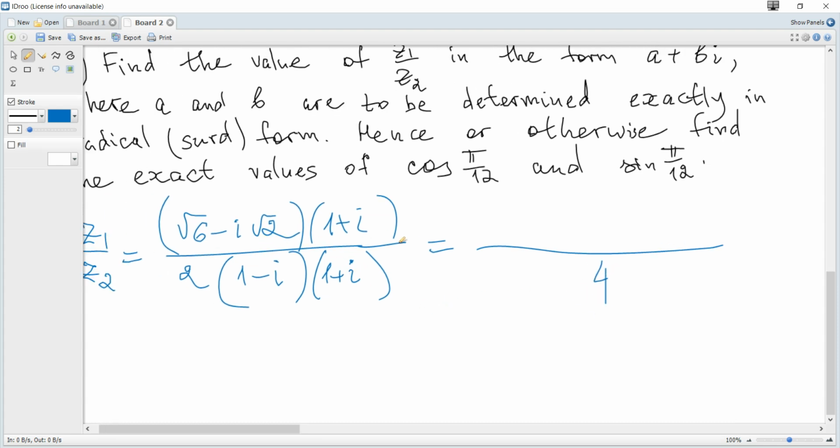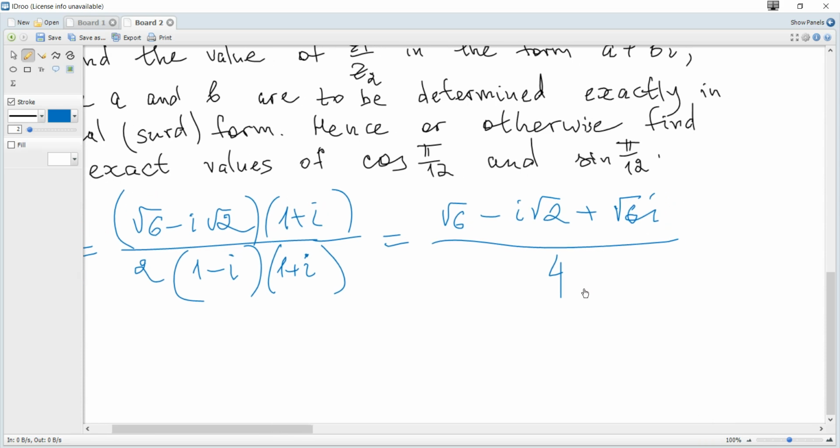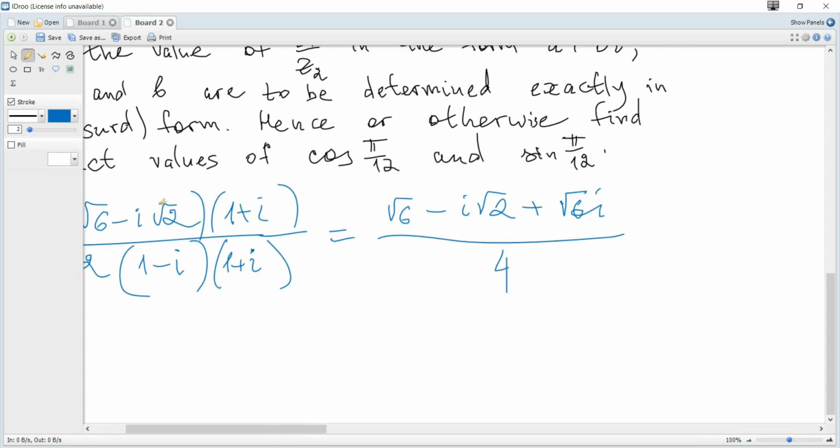And we just need to expand the numerator and it becomes root 6 minus I root 2 plus root 6 I, and this multiplied by this, I times I is negative 1, minus, so plus root 2.